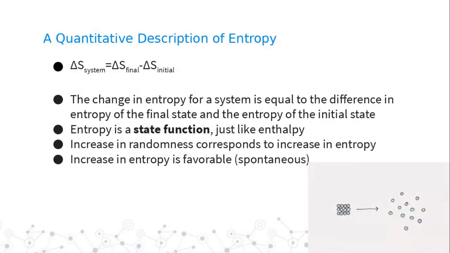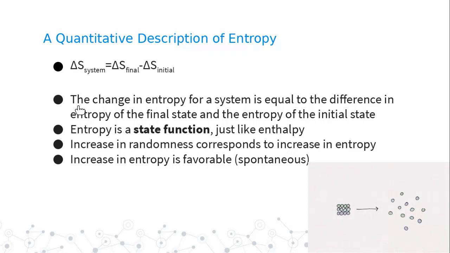So moving on to a quantitative description of entropy, how can we use numbers with this? If you see this equation up here, the change in entropy of an entire system can be found by taking the entropy at the end of a reaction minus the entropy at the beginning of the reaction.